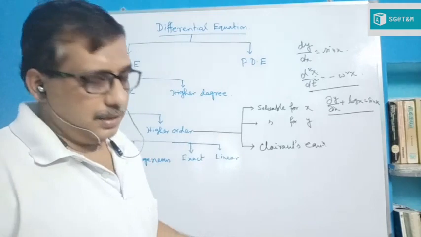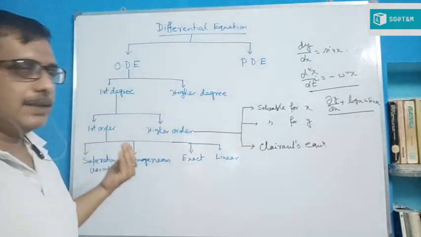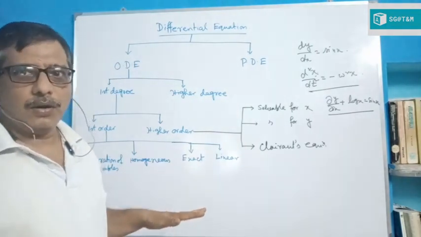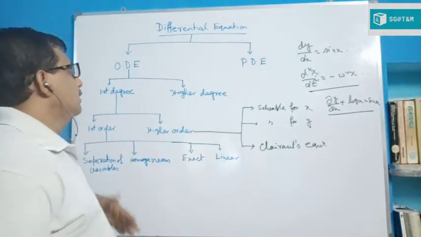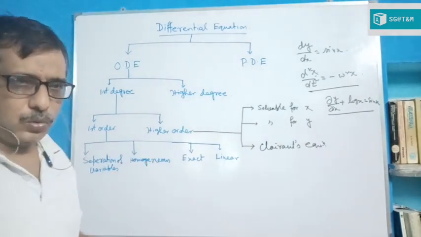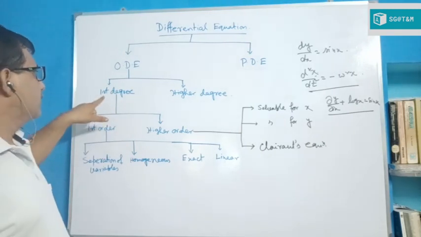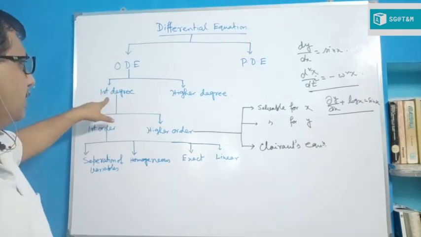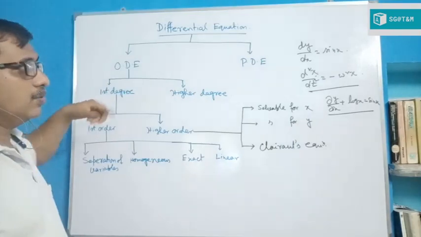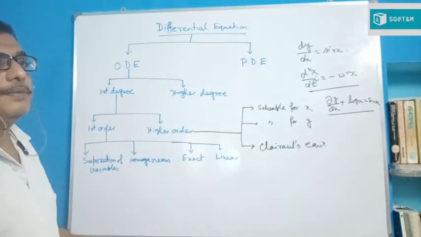Partial derivative is not in our syllabus, obviously in class 12. So partial differential equation is not in our syllabus at all. Just to know what is differential equation, we write partial differential equation also. An ordinary differential equation is an equation which contains ordinary derivatives.